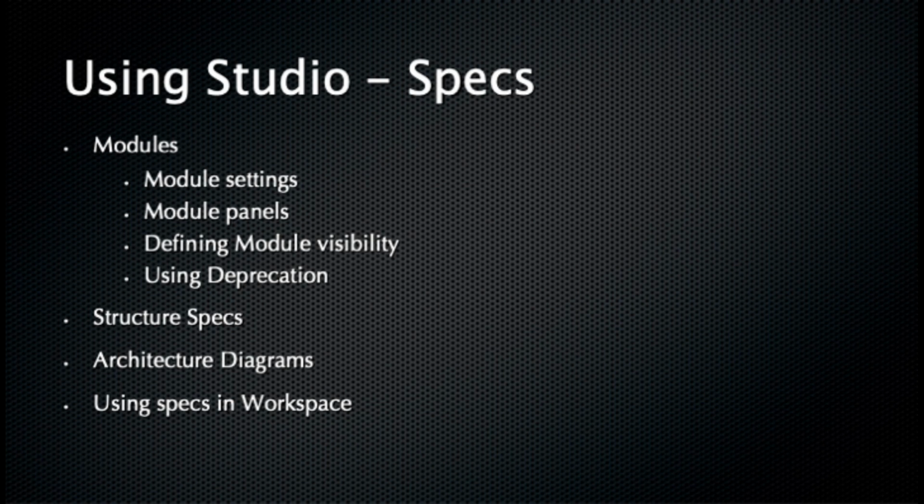And I'm going to show you today a bit more on modules and how you set those up. What are the panels within the UI, defining visibility, and also using deprecation as part of the module's control, if you like. Then we're going to look at structure specs and architecture diagrams. And finally, I'm going to just look at using specs in Workspace. How does that kind of crossover work?